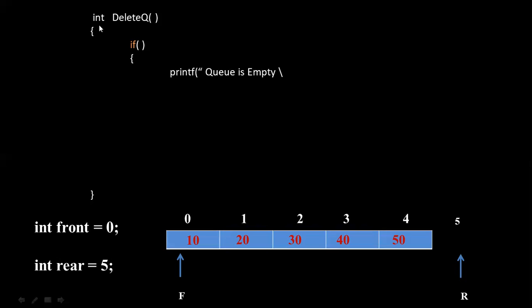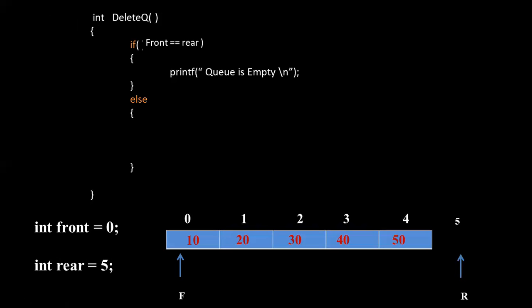We cannot perform the deletion operation because the queue is empty. Very clearly, whenever the front and rear values are equal to 0, then the queue will be empty. So here we need to write the condition front is equal to rear.